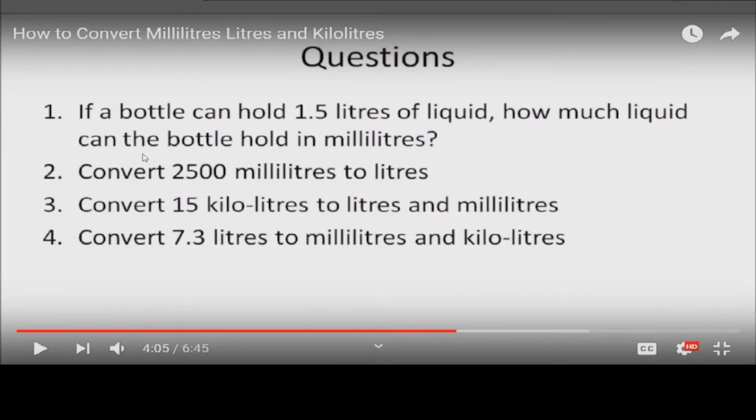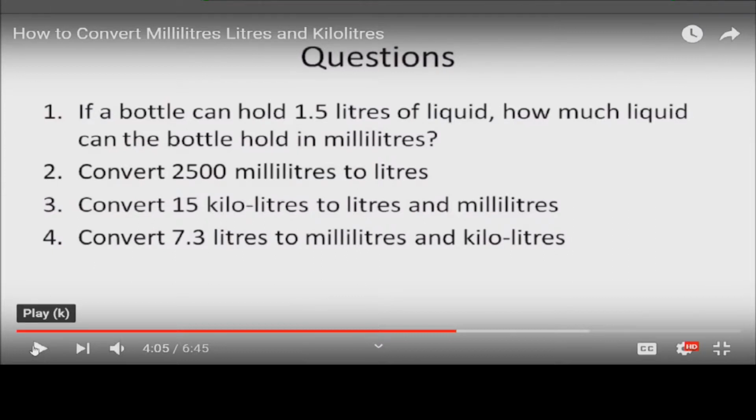Yes. How about 2,500 milliliters? Remember, 1,000 milliliters, 1 liter. 2,500 milliliters is 2 liters. How many milliliters left over? 500 milliliters. Well done, guys.